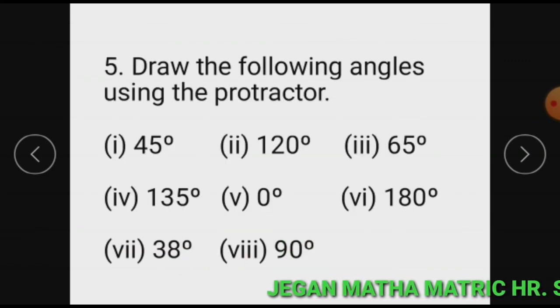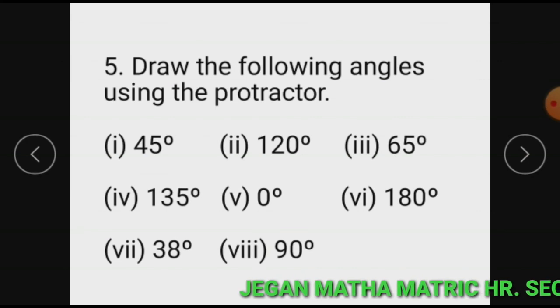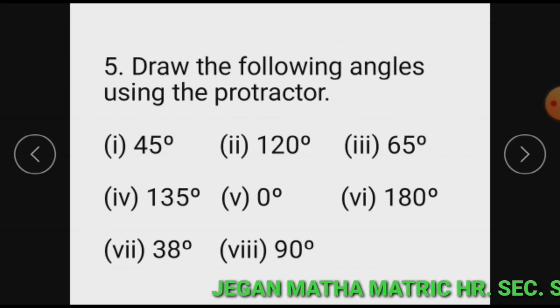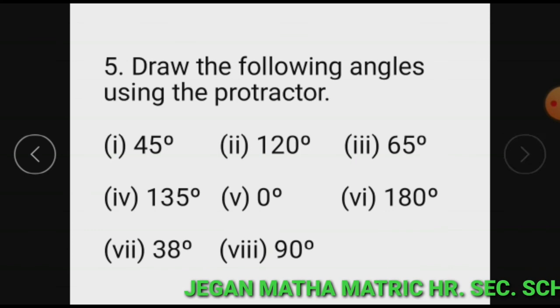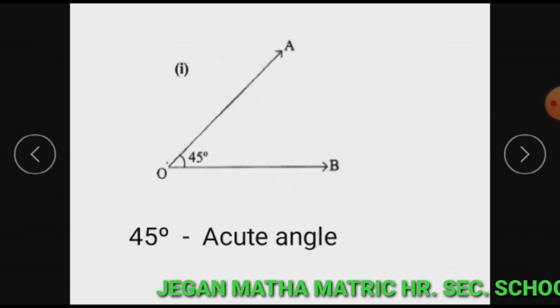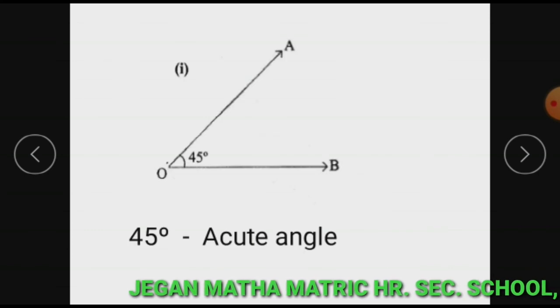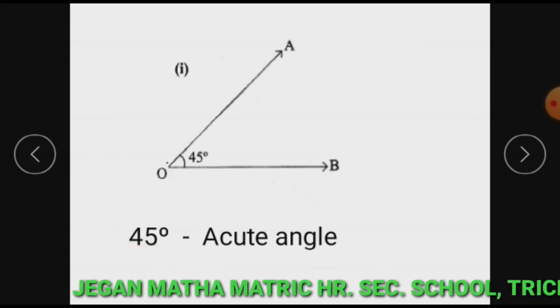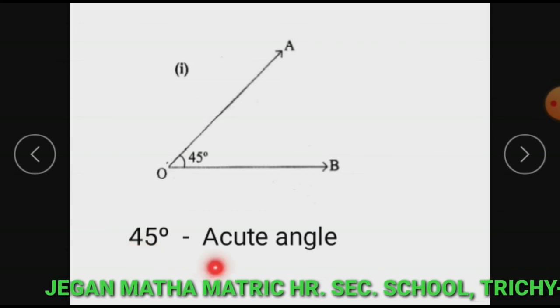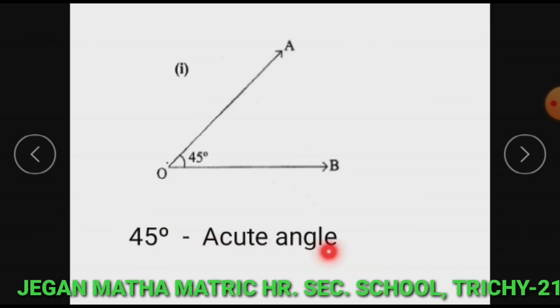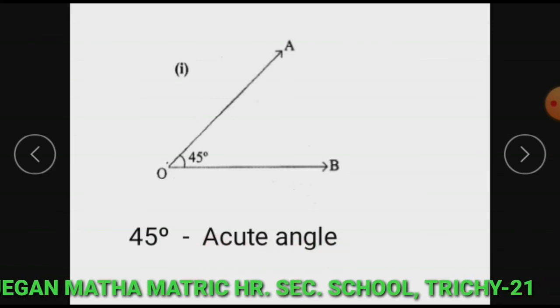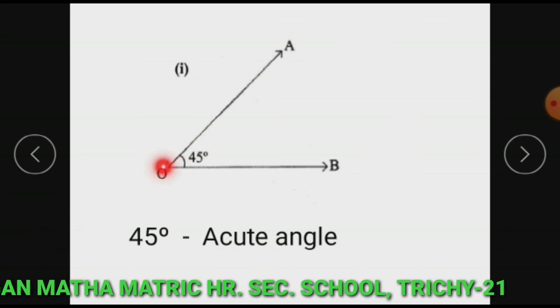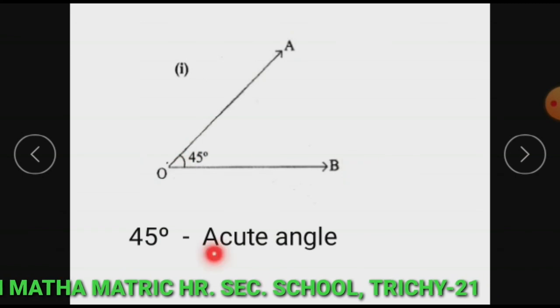Question number 5. Draw the following angles using the protractor. Question number 1. The given angle is equal to 45 degrees, which is less than 90 degrees. So it is an acute angle. So the angle AOB is an acute angle.